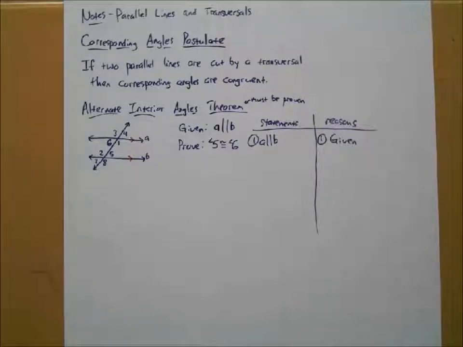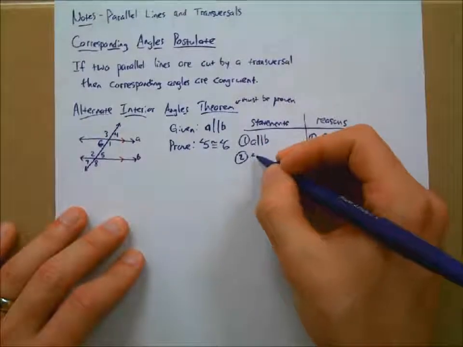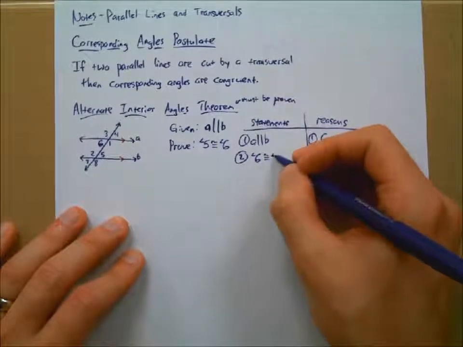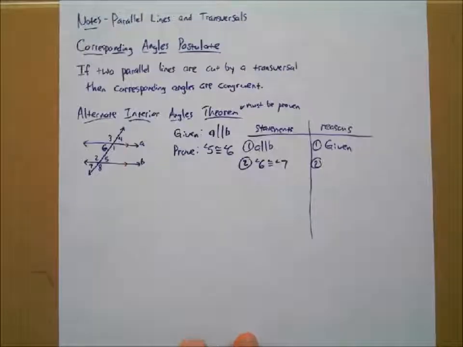So, the next step I'll give to us here, we'll say that angle 6 is congruent to angle 7. How do we know that angle 6 and angle 7 are congruent? Must be congruent. Not the alternate, because we're not there yet, right? They're corresponding, right?